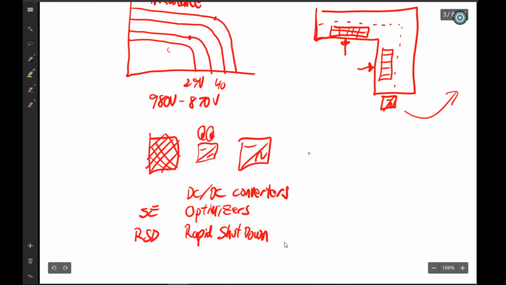So when the grid goes down, there's a power outage down here, the inverter goes down, this sees that happen and it shuts off the power. So the only thing that has any power is this little segment. This little segment here is dead, and this little segment on the back is very short.